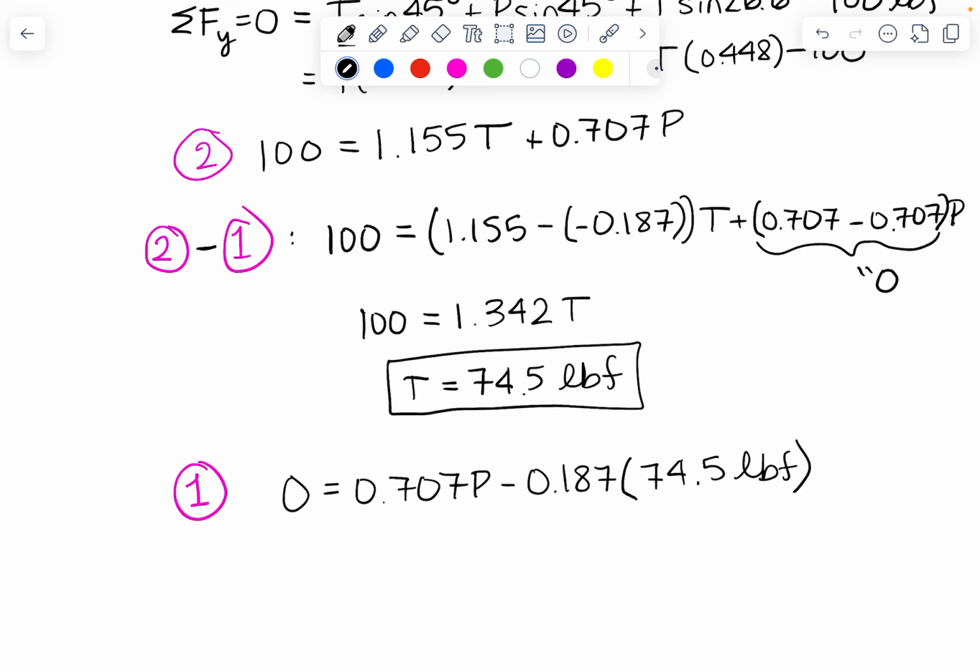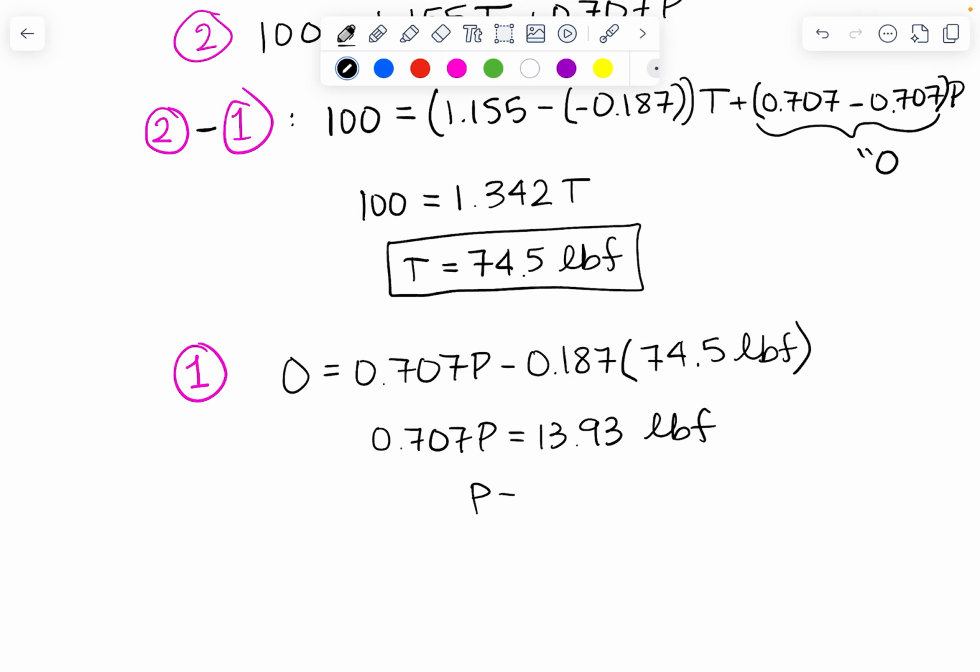Then just moving this stuff over to this side of the equation, I get 0.707 P equals 13.93 pounds. And so P is equal to 19.7.